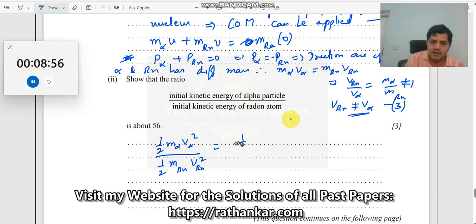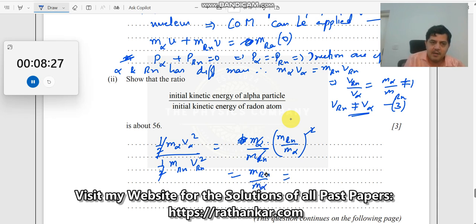Let me substitute that. Half and half goes away. So I have m alpha into v alpha by v radon. v alpha by v radon is nothing but m radon by m alpha. So m radon by m alpha the whole square. Here I have m alpha by m radon. So which should now be equal to, see, this and this square goes away. So I get this as m radon by m alpha, right?